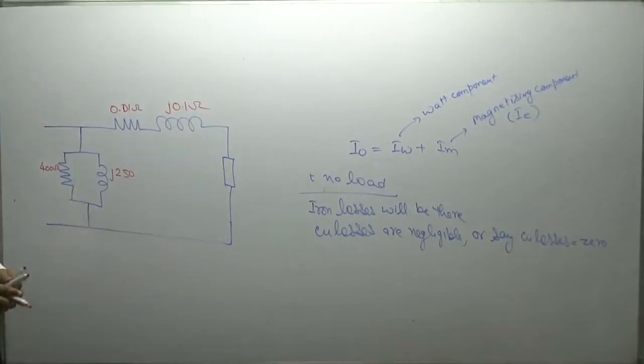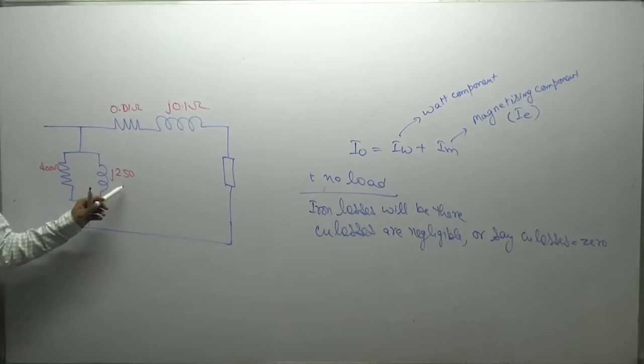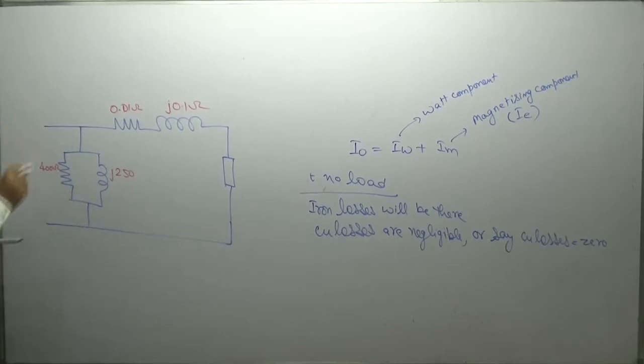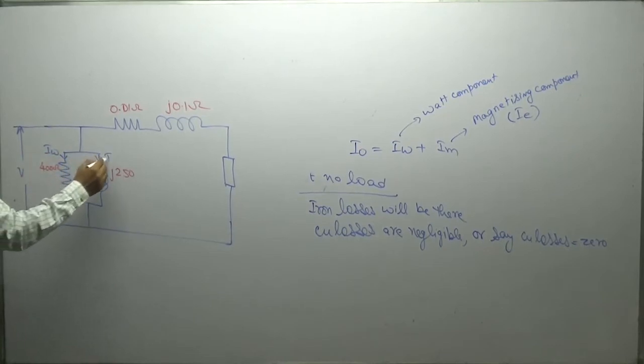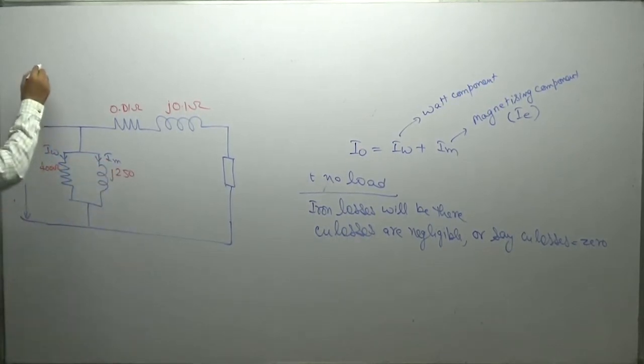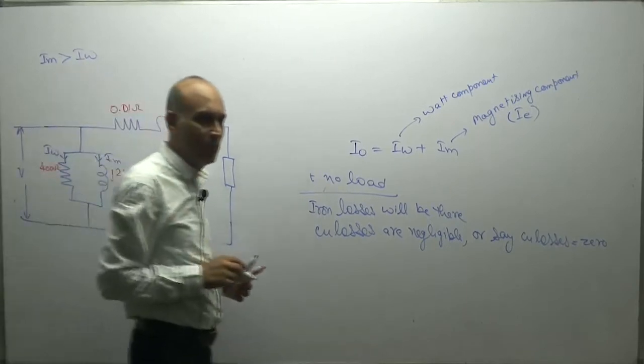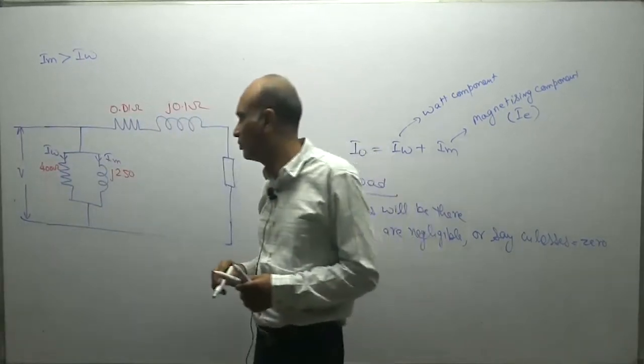These may be the typical values. So what you have seen, the value of this resistance is high as compared to this inductance. It is the applied voltage. So the value of this resistance is high, that's why magnetizing component will be higher than what component?